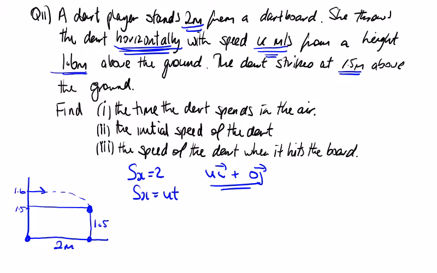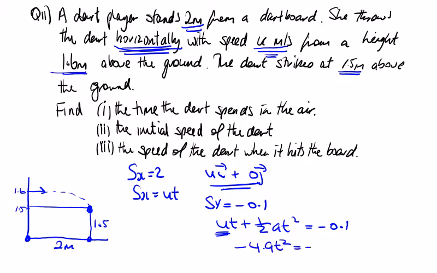So if we look at our S of y, displacement of y is minus 0.1, the difference between 1.6 and 1.5. So my ut plus a half at squared is equal to minus 0.1. This is 0. So minus 4.9t squared is equal to minus 0.1.